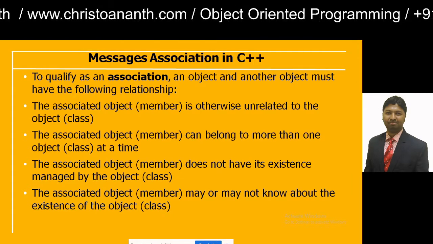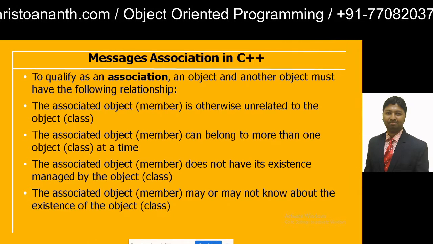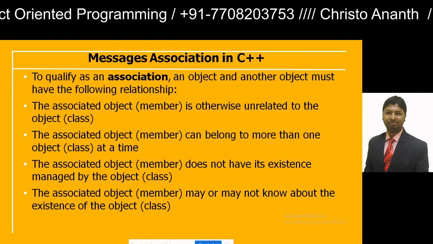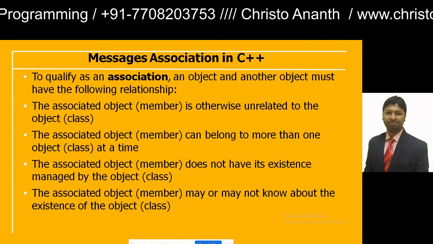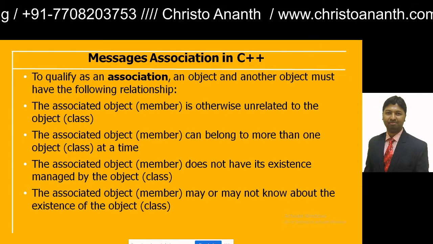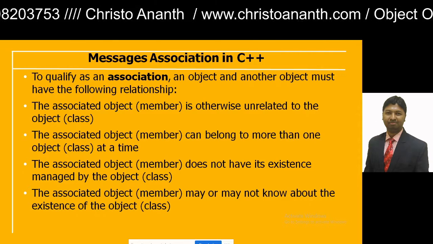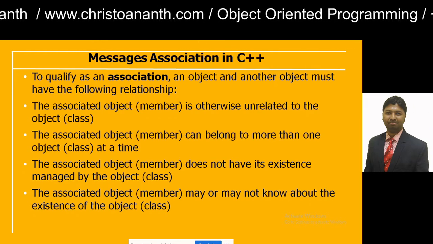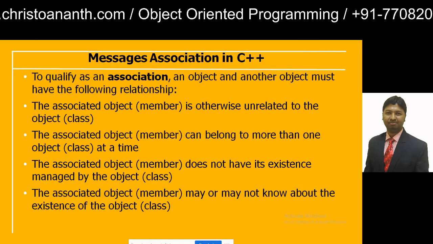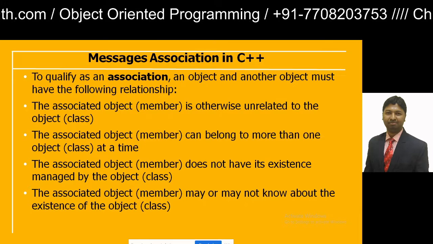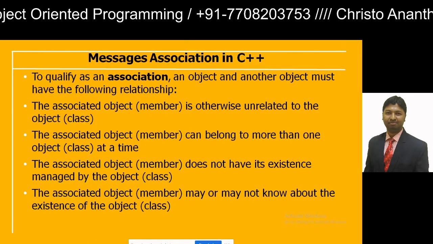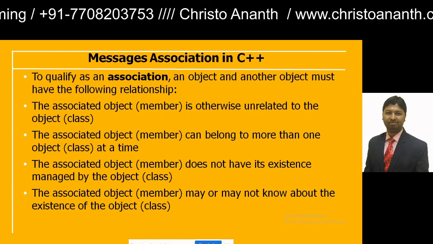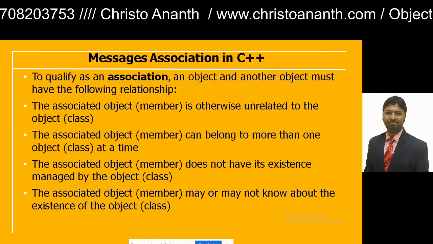An associated object, which is a member, can belong to more than one object or class at a time. Similarly, the associated object, called the member, does not have its existence managed by the object of the class, and the associated object may or may not know about the existence of the object of the class. So this is how you qualify a message association between one object and another object in C++.